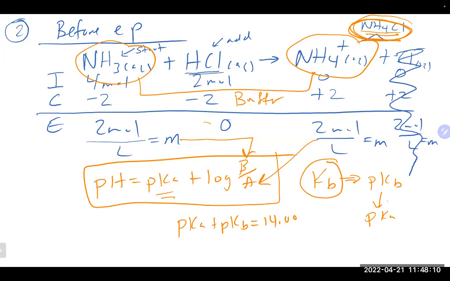Here, because we are before the equivalence point, we are starting with the weak base. We're adding the HCl. So as we talked about previously, I just made up that number like we did before. We would definitely have less moles of our HCl. That would make our HCl really the limiting reagent here. It's going to get used up. And what we are left with at the end is really NH4 plus and NH3.